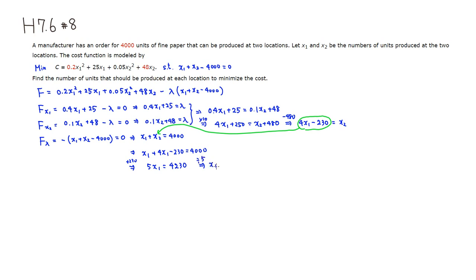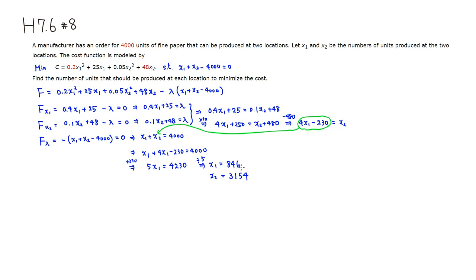So x1 is going to be equal to 846, and x2 is going to be 4,000 minus 846, so 3,154, right?